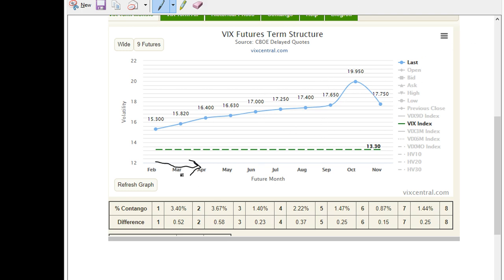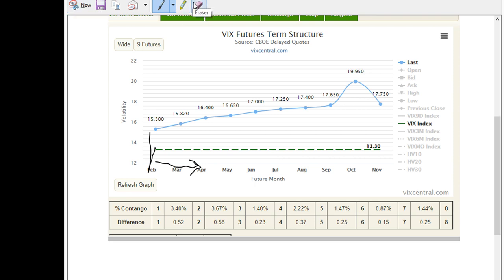So right now, if we just do a quick math, it's very easy math, the difference between spot and the front month future, we've got 1530 for the front month future and 1330 for spot. So that's a difference of 2 points. That difference right there is 2 points, right?